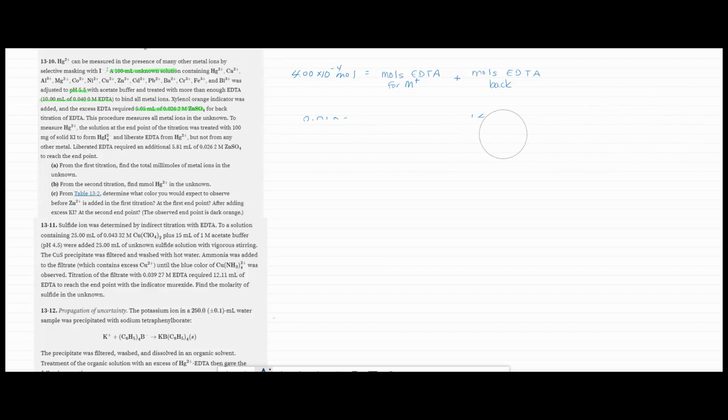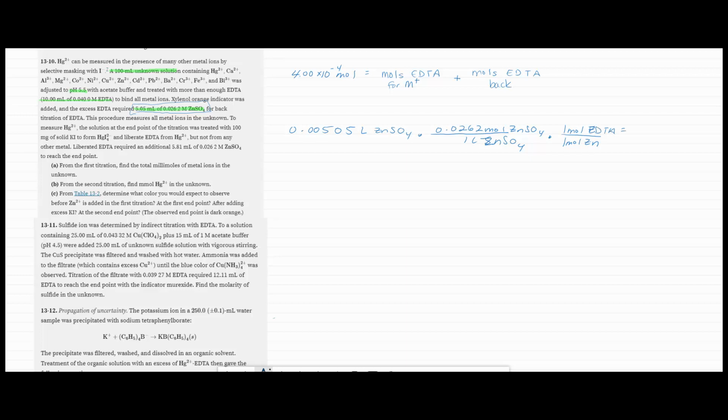Now we can calculate how many moles of EDTA was used in the back titration. This was the excess here. So we have 0.00505, and that's liters of the zinc sulfate solution. And we're going to multiply that by the molarity, 0.0262, and that's moles of zinc sulfate per liter. In the zinc sulfate solution, we have 1 mole of zinc, and 1 mole of zinc reacts with 1 mole of EDTA.